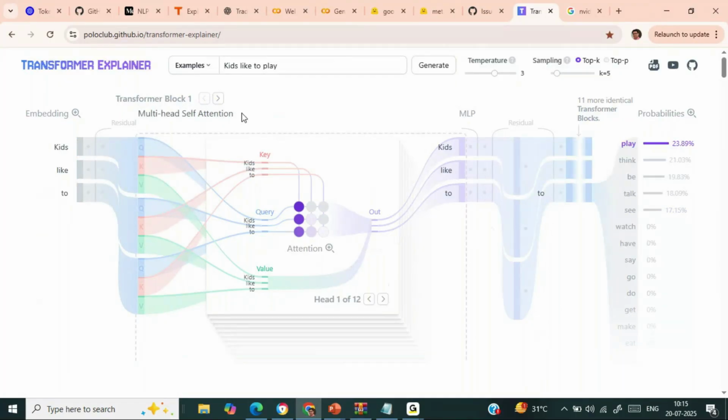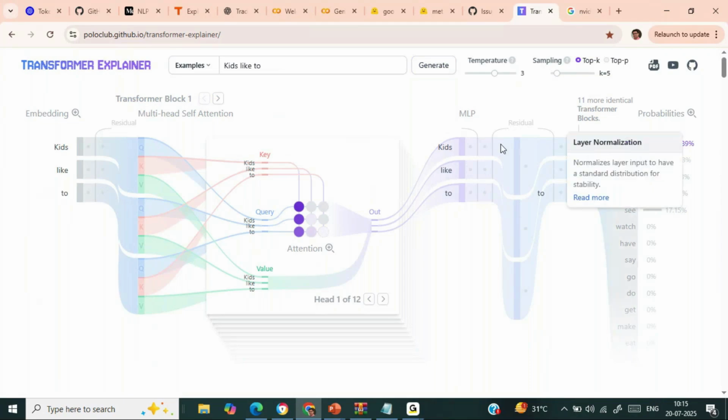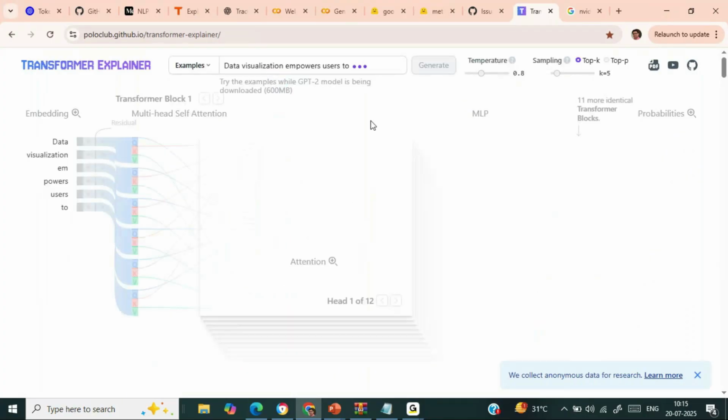Just try to visualize these particular things. Okay, so if I'm giving, like, kids like to, and say I'm going to generate it, and it has predicted, say, play. Okay, kids like to play. So play is the predicted word. Let me refresh it.